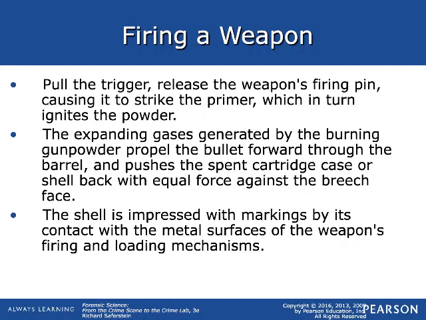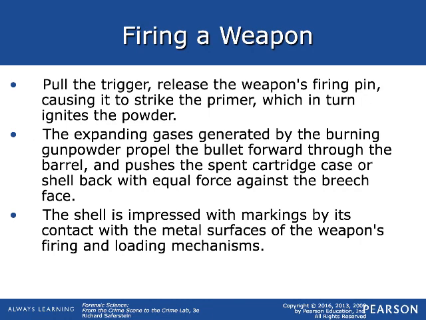Okay, so now firing a weapon. You pull the trigger and that releases the weapon's firing pin and that causes it to strike. The firing pin strikes the primer and that primer is going to ignite the powder. When the gunpowder is ignited, the gases expand.